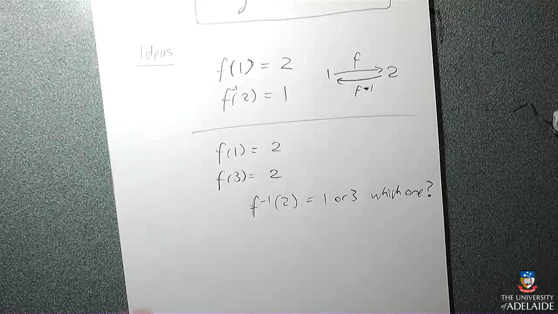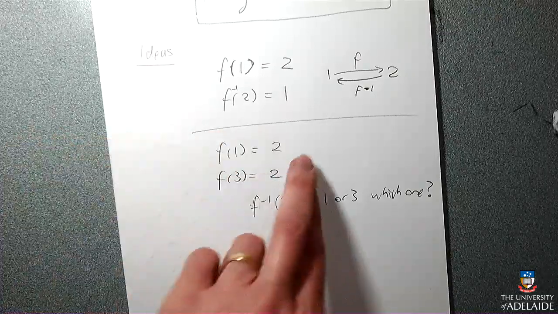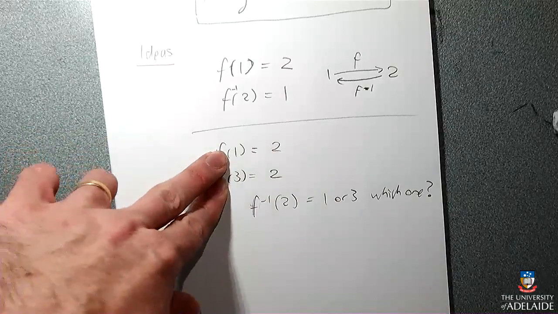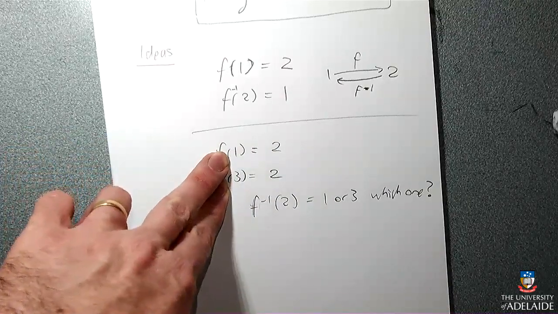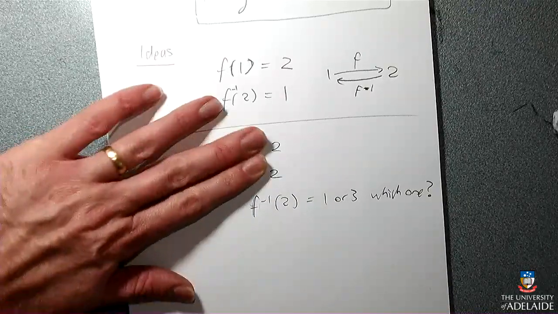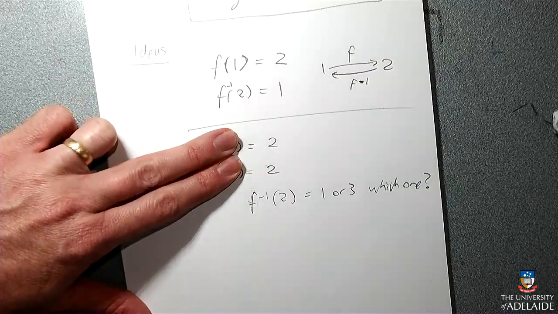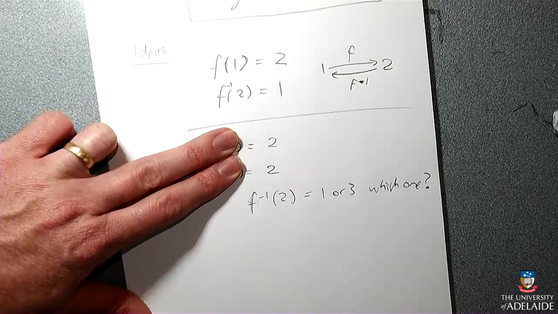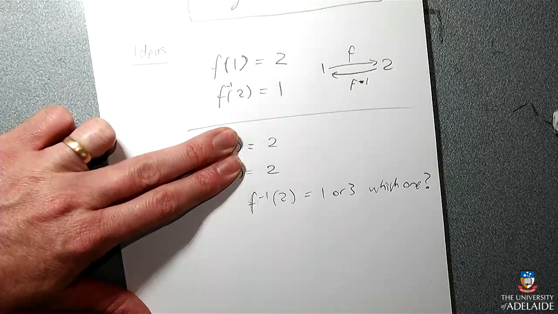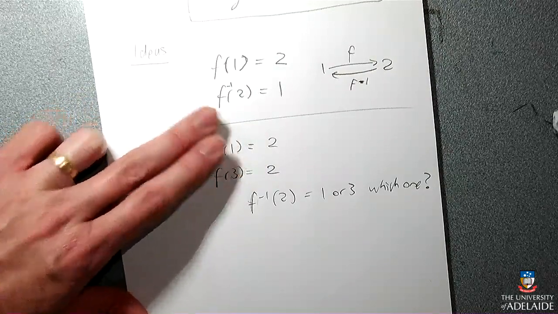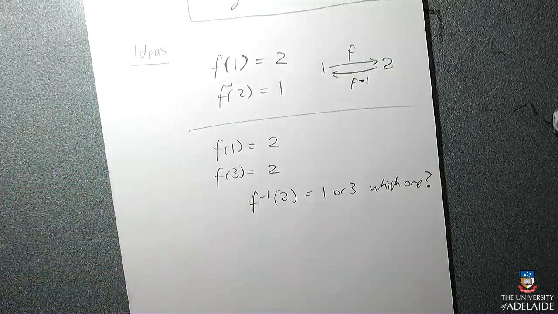So if my function is supposed to come backwards to this, if I come backwards from 2, I can either get 1 or 3, and I won't be able to decide at any moment which one it is if I weren't told where it came from. If I was just told, aha, f of something came out as 2, I won't be able to tell how to go backwards. And so I can't do an inverse function unless every input produces a different output.